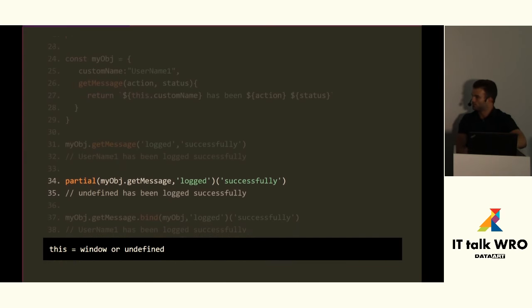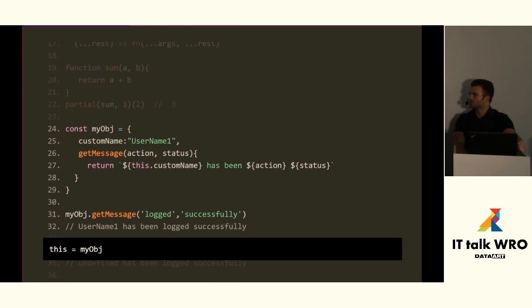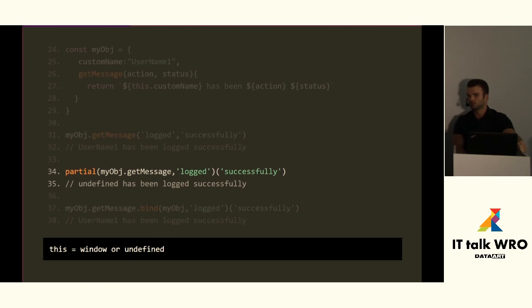But if we call getMessage via partial, it won't be a method anymore. It's just a simple function with a prefilled logged argument. And in this situation, you will see undefined logged. It's because in this case, this context of execution refers to window if we are talking about browsers, or undefined. And customName won't be defined there, so you will see undefined logged.